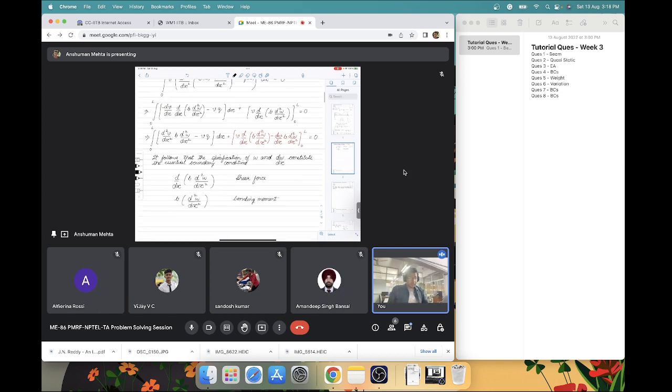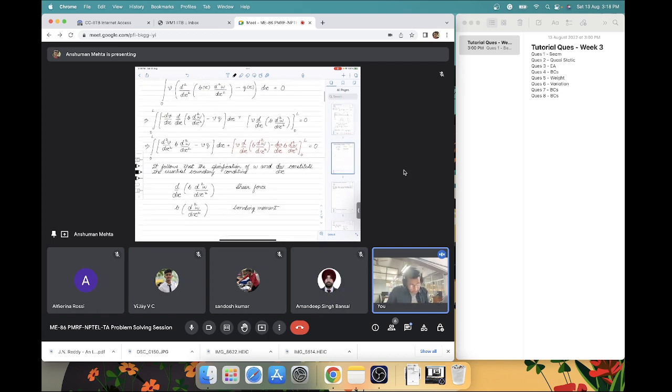So this is weighted residual, and then this final form is the weak form. This is our weak form. It gives each and every information about the system.